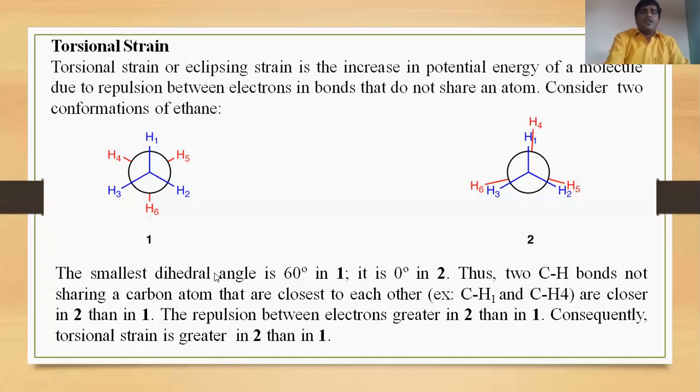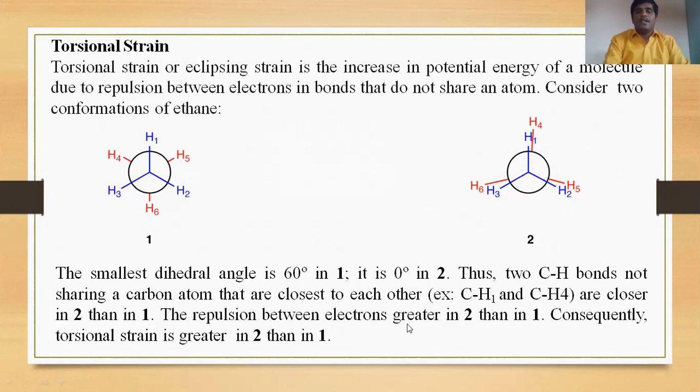Just see, the smallest dihedral angle is 60 in the first compound. The dihedral angle is 60 there, and it is 0 in the second compound. Your torsional angle is 0 in the second compound. Thus, the two CH bonds sharing the carbon atom are closer to each other, meaning the hydrogen atoms are closer to each other. So the closeness will appear in the second rather than the first.